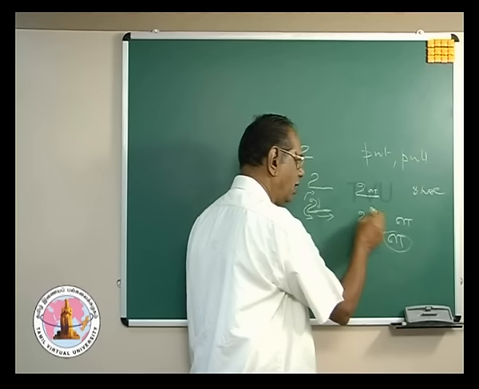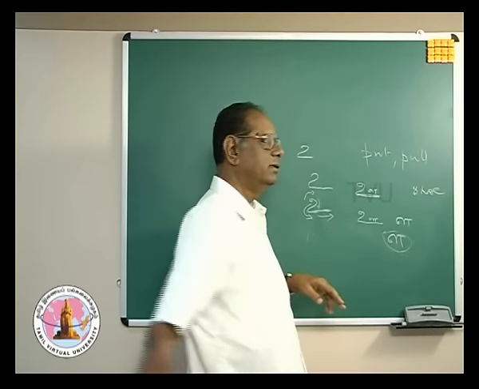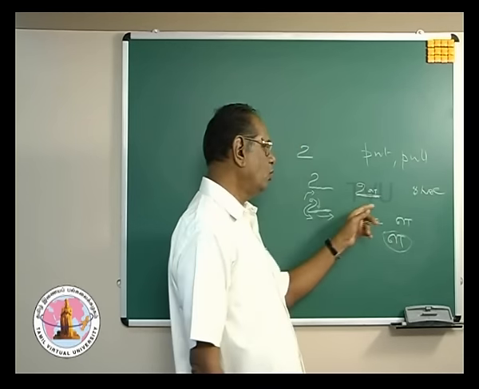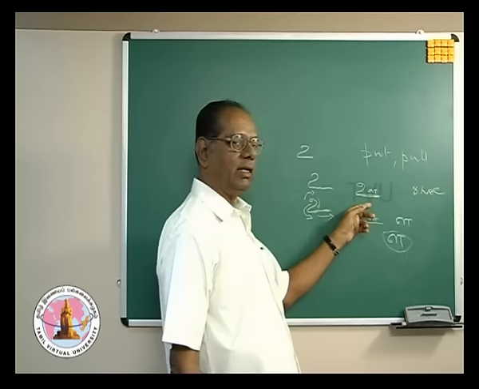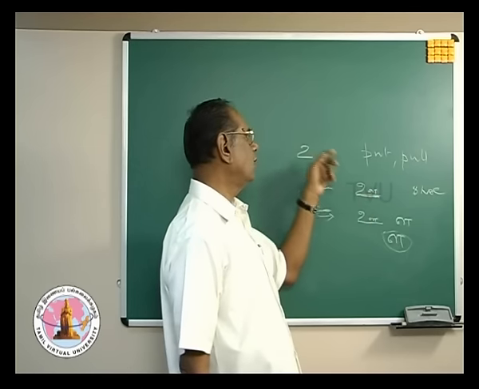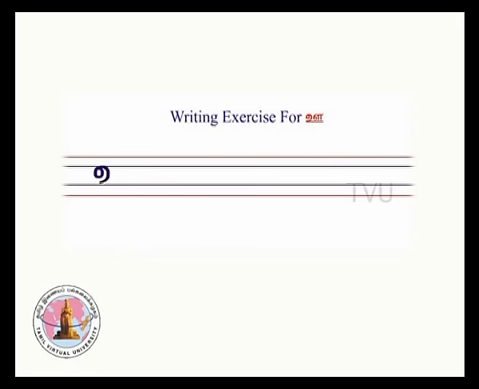So, this symbol upon the arm of that becomes oo. It is nothing but an elongation of U. Now, you have to practice it.